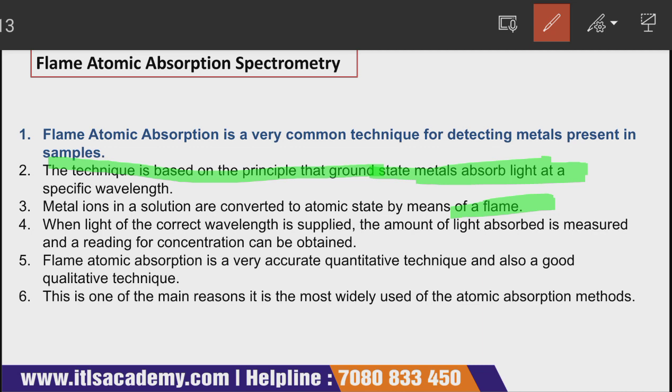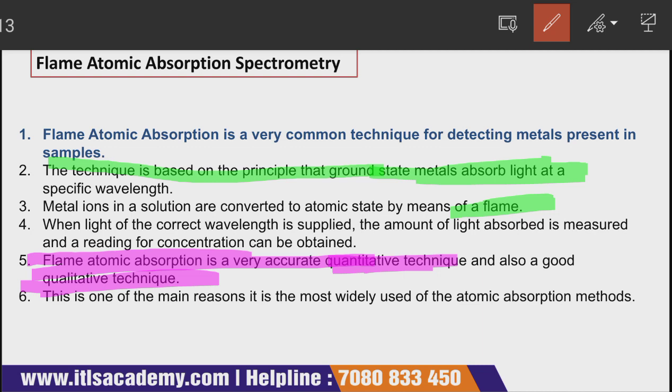So flame atomic absorption is a very accurate quantitative technique, and it is also a qualitative technique. This is again very important: atomic absorption is a very accurate technique, and it analyzes both quantity and quality of the sample.